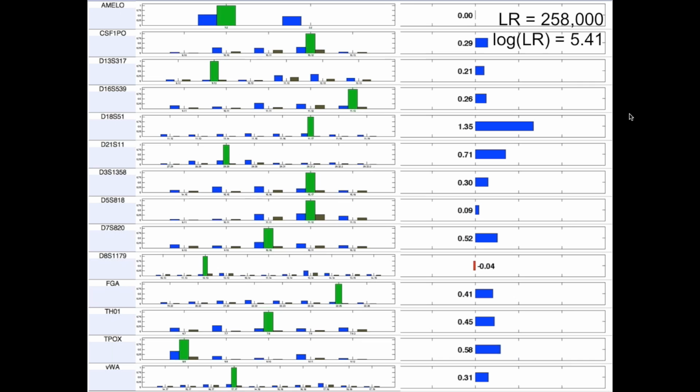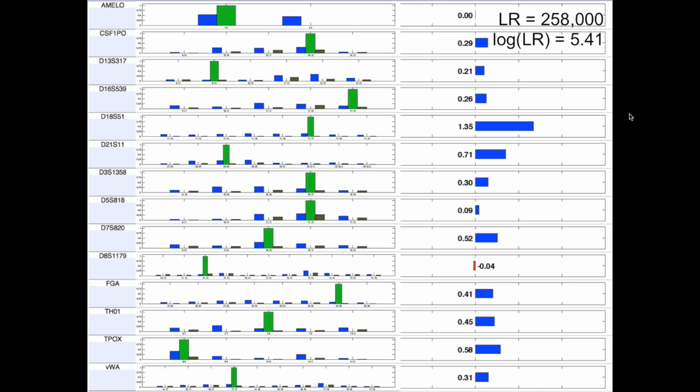That's on the left, and then moving over to the right, those ratios are taken of blue to brown, posterior inferred kinship relative to population prior, and the logarithms are taken. And on the right, we see bars to the right in blue that indicate support for the hypothesis that they're the same individual. There's also a little red bar at D8 that indicates really no support either way.